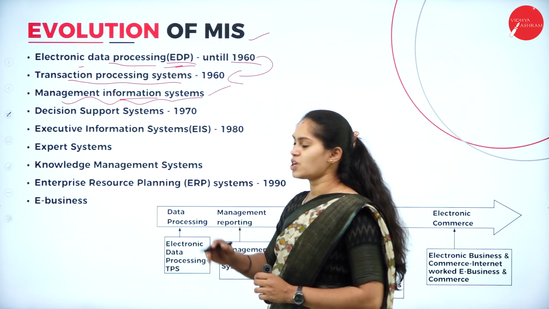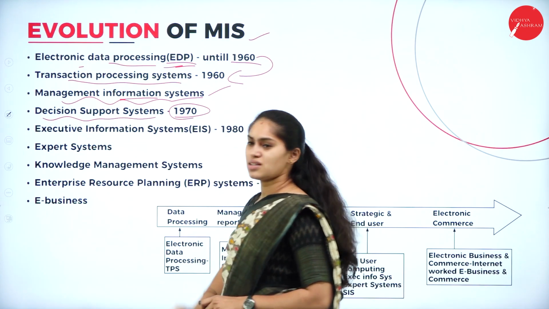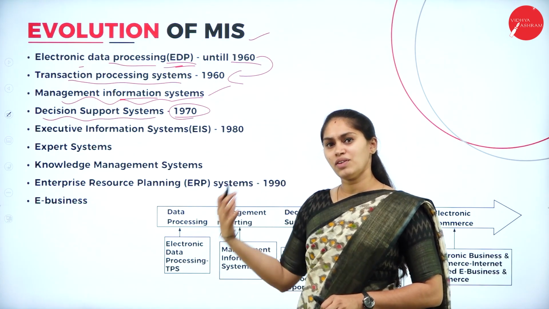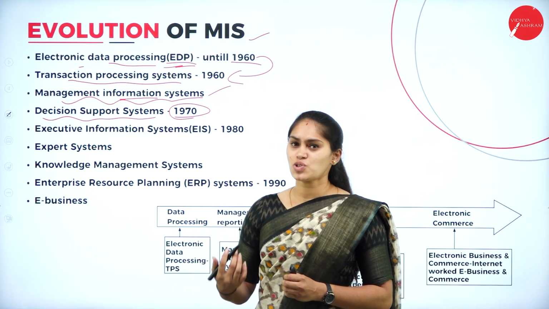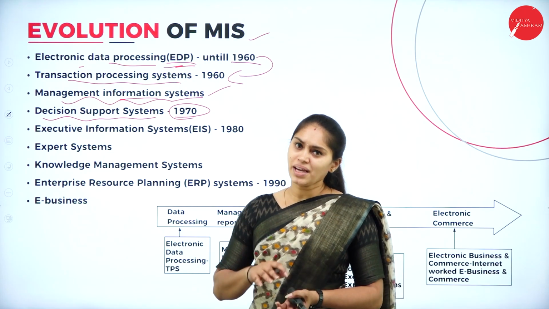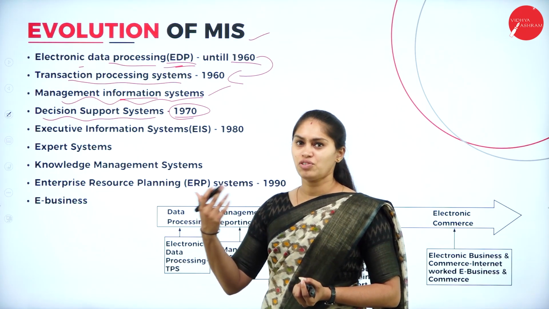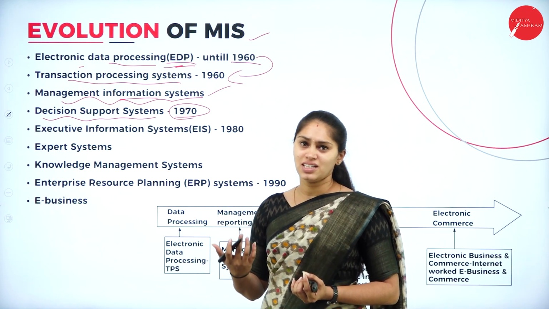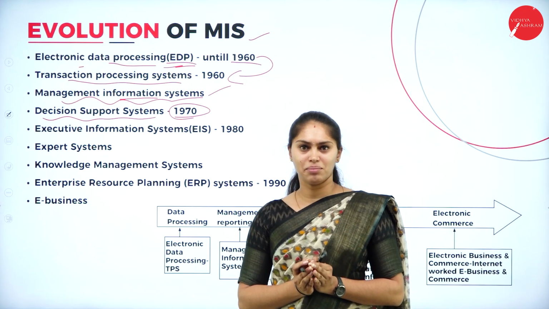Then MIS. After that, in the 1970s, they started with the decision support system. Why can't we go with a decision support system? In the MIS, we store the data and information which will be used for the future. If I want to make any decision in the future, we hold the data and information in the computer system.